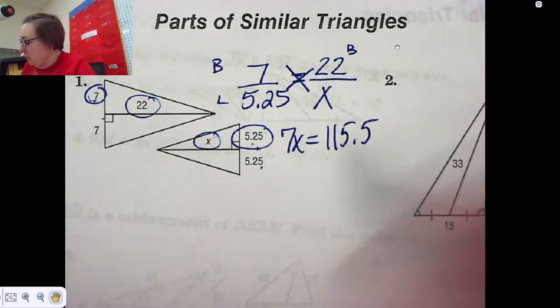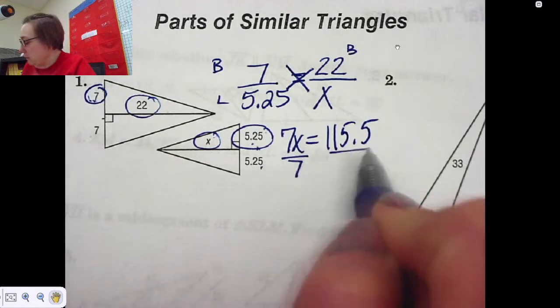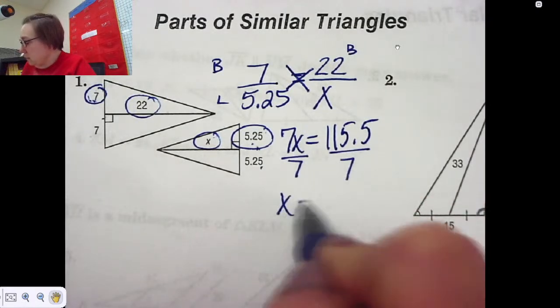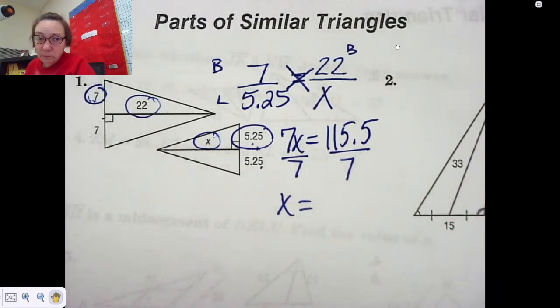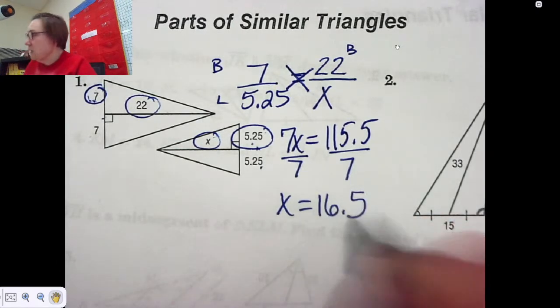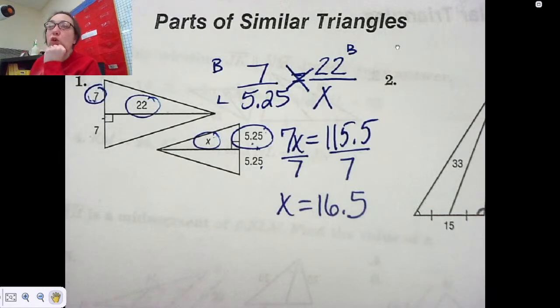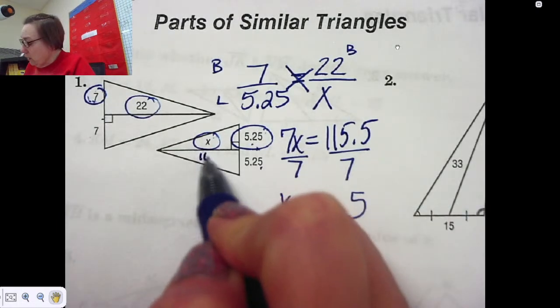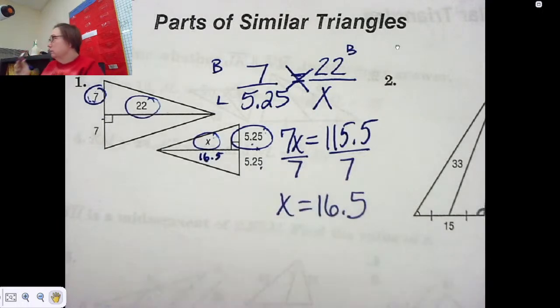115.5. And then we'll divide that by 7, which is 16.5. On these questions today, you may have decimals. If you do, round to the nearest tenth. So that x value is 16.5.